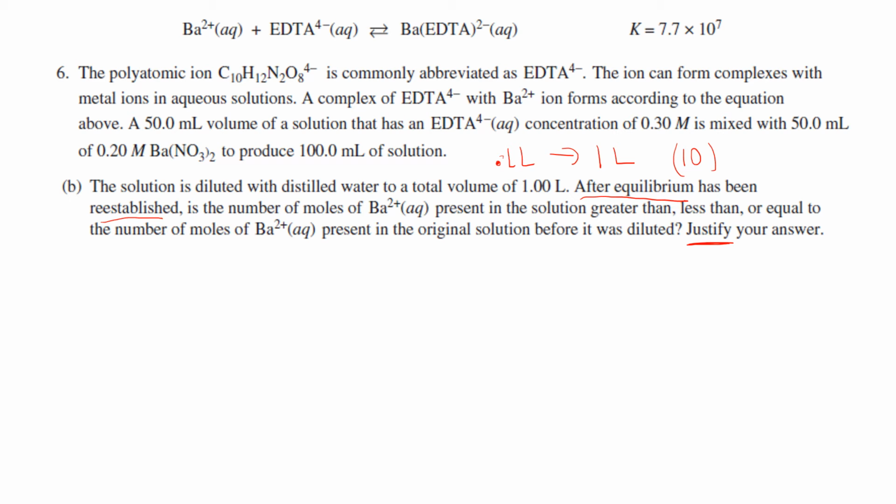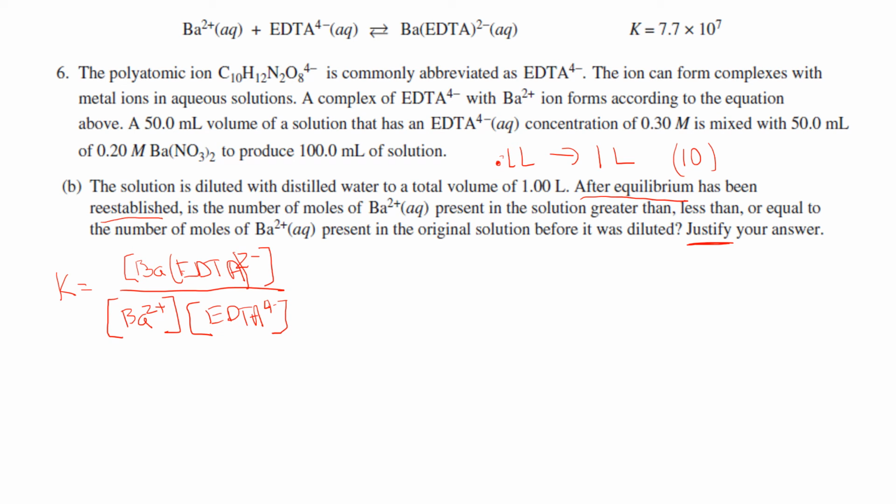So let's start by writing our equilibrium expression. Here's my product over my barium ions and my EDTA. They're all aqueous species, so everything is included in the expression.